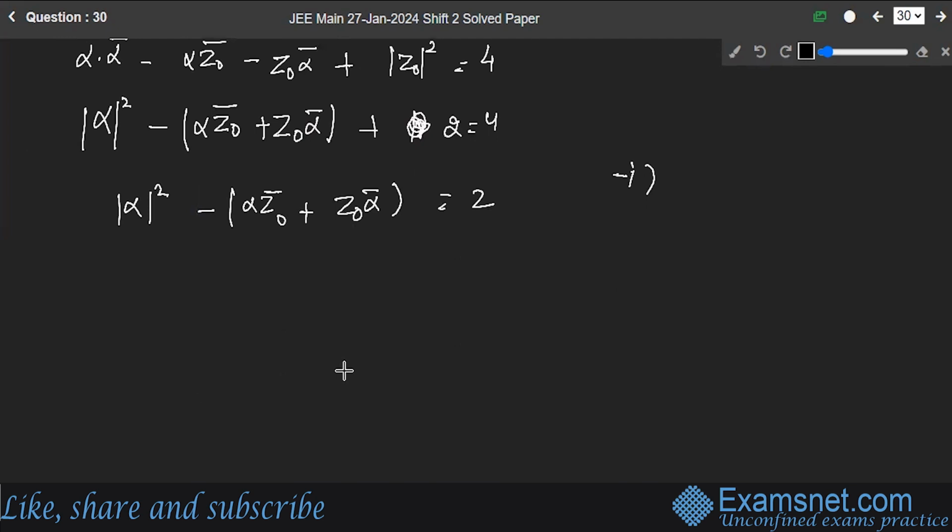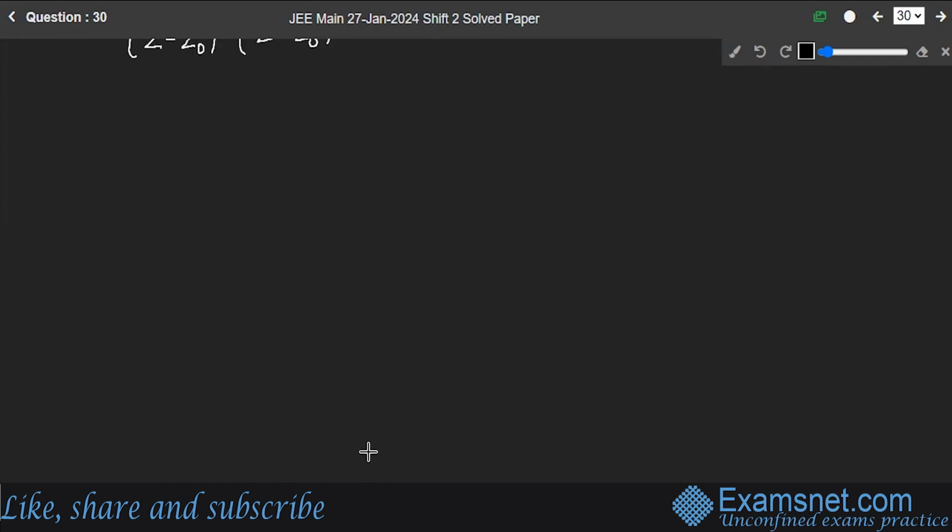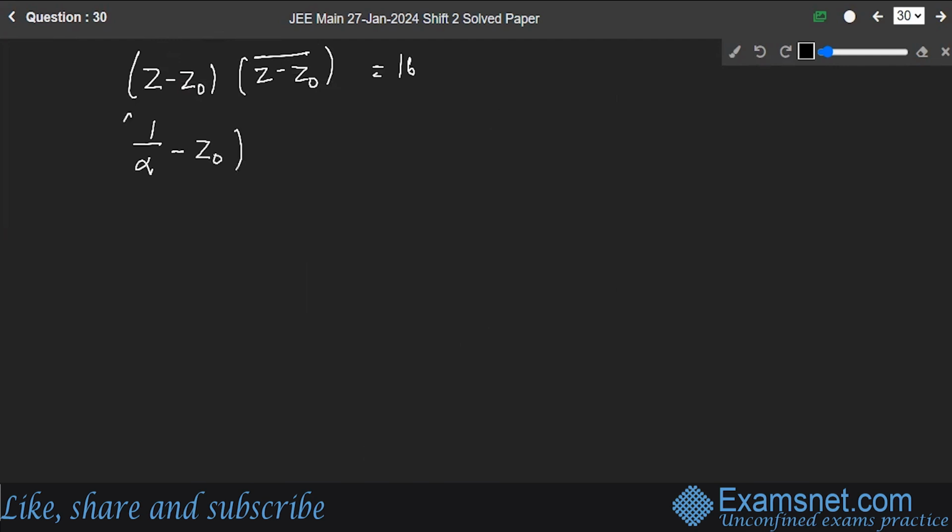The second one is, now you also have modulus of z minus z naught square is equal to 16. That again gives you the same thing. z minus z naught multiplied by its conjugate is equal to 16. Let's put z is equal to 1 by alpha now. Right.